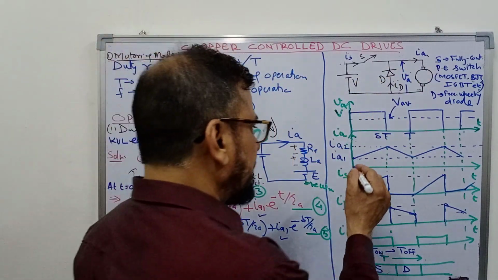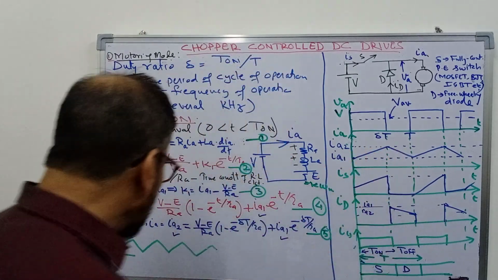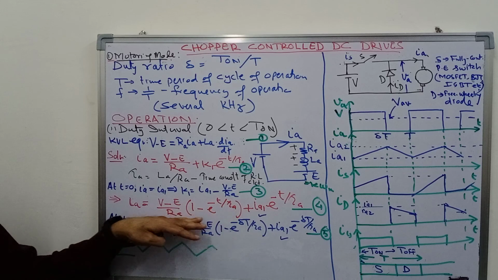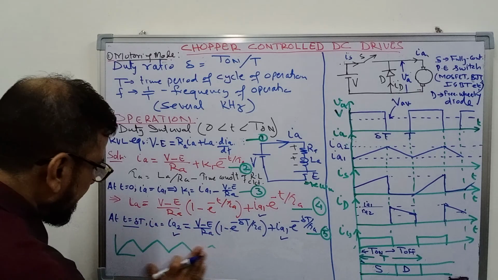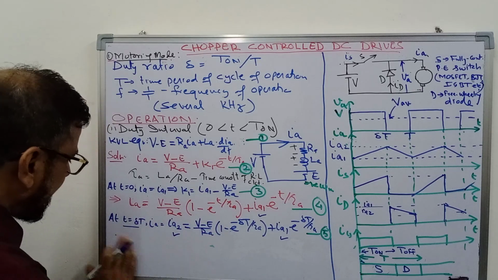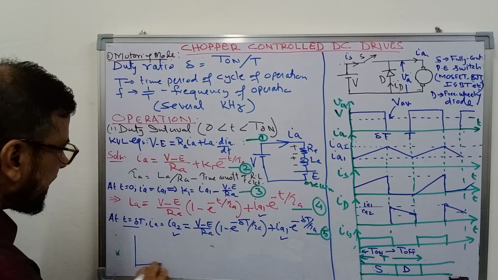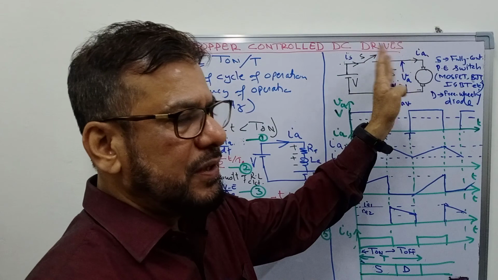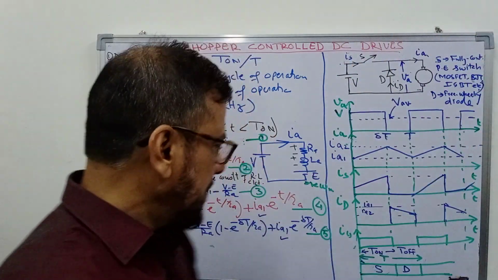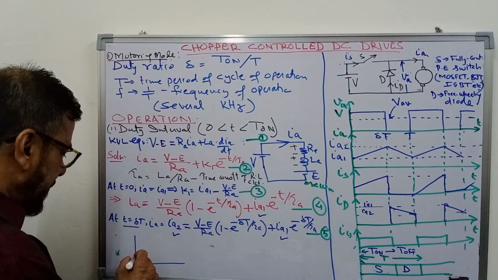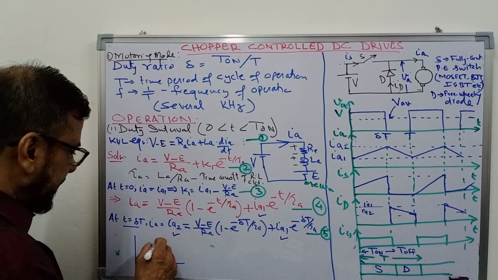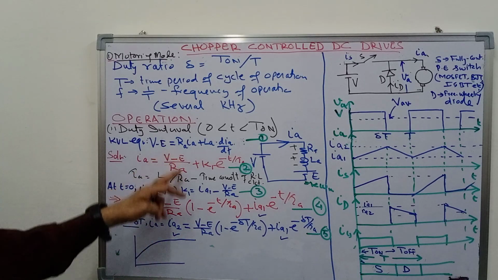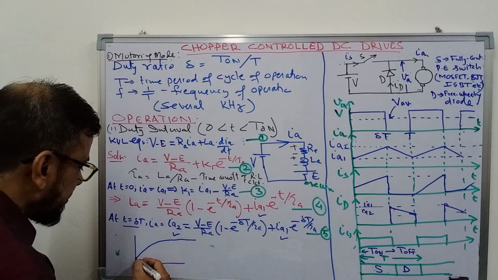During this interval, current rises, and you can see here the equation of the current has some exponential term. So actually, if you draw the current waveform, suppose you don't turn the switch off, keep it on for long enough time, what will happen? Current will start from say I1 and then it will rise, finally reaching the steady state value, that is (V minus E) upon RA. So this is exponential rise.